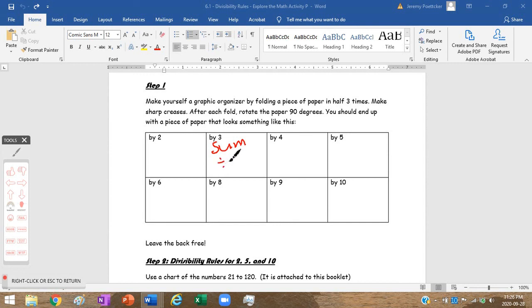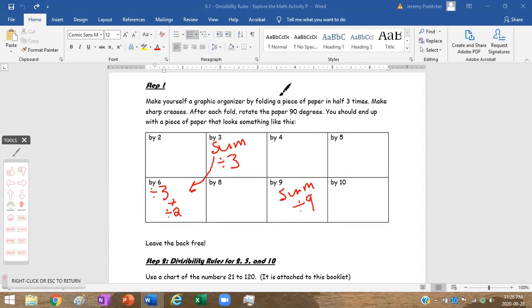And that takes us to divisibility by 0. Oh, first, let's go back up here. We've got 3, 6, and 9. So we're going to have something to do with the sum being divisible by 3.